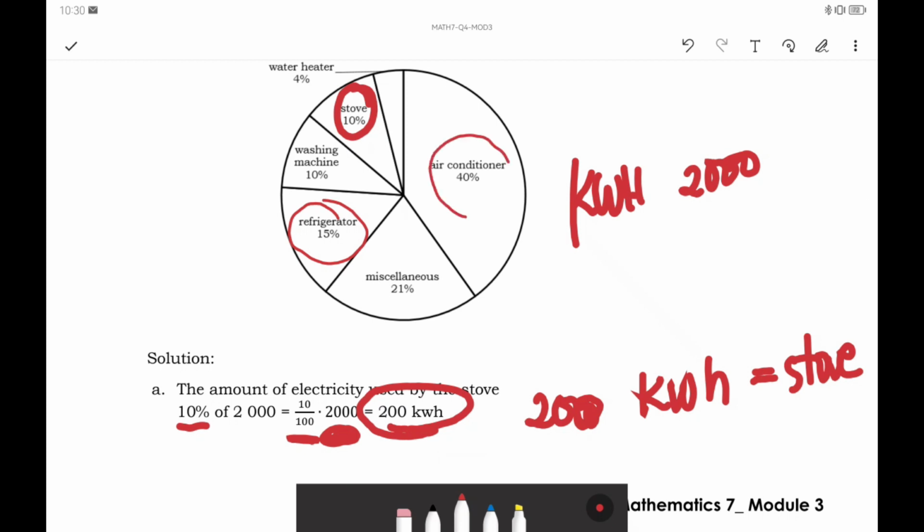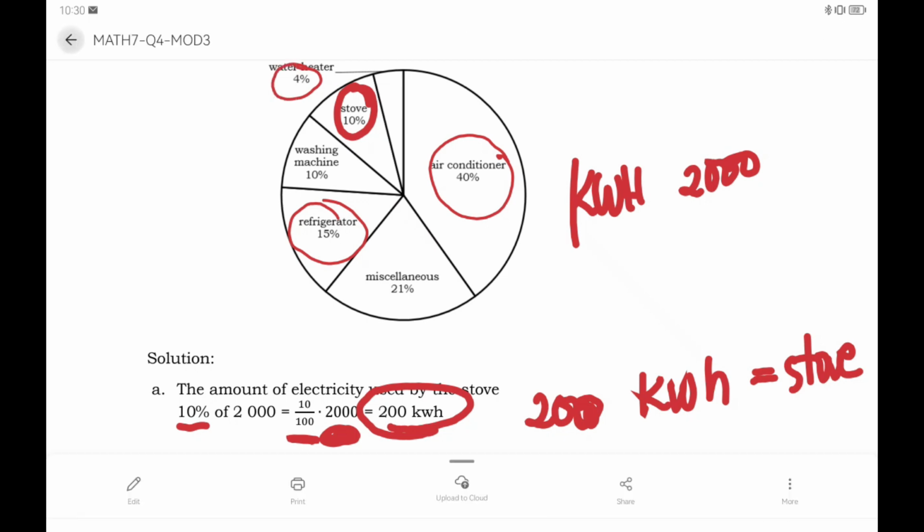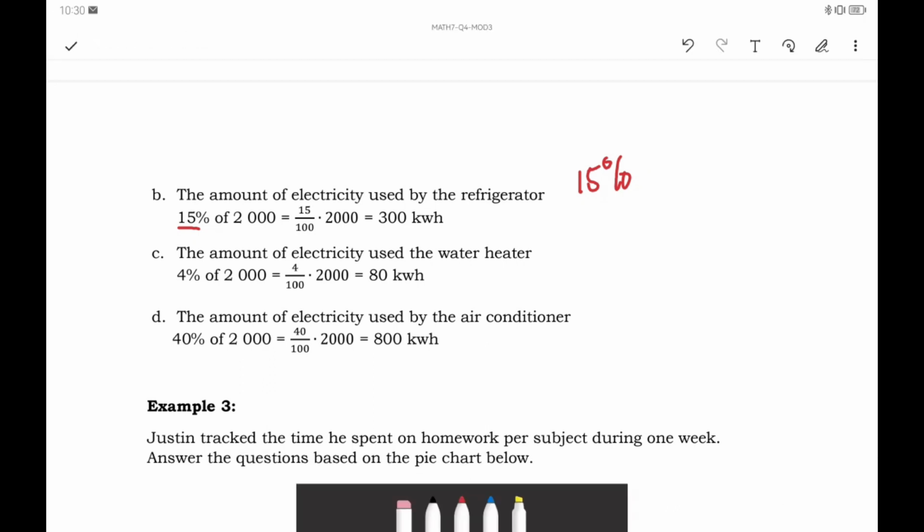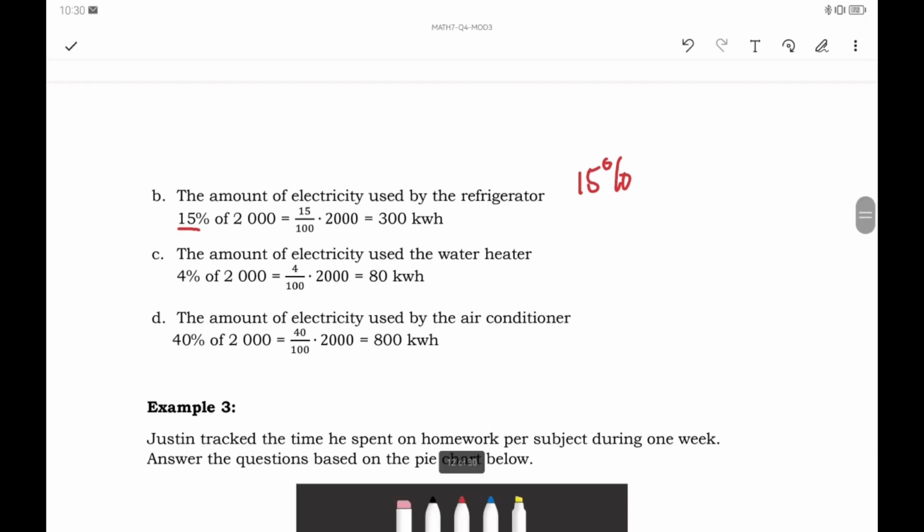The air conditioner is 40%, and the water heater is 4%. So let's continue. The water heater is 4%, and the air conditioner is 40%.